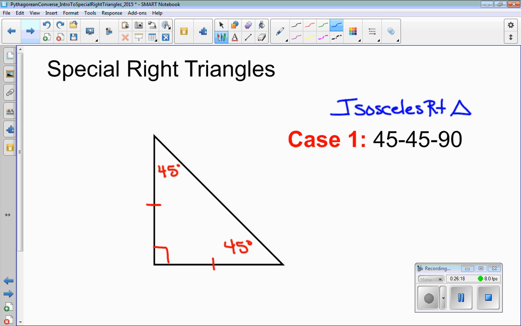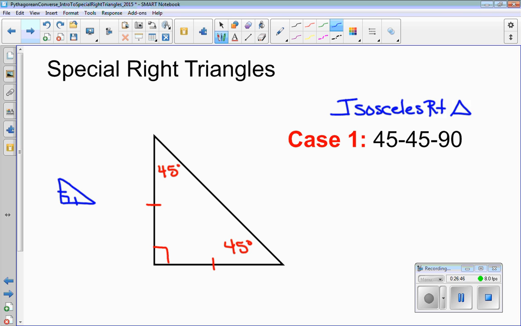Now, every single isosceles right triangle has the same ratio of the sides. We just finished similar triangles, and so every single 45, 45, 90 triangle out there in the world will have the same ratio of the sides. That makes sense. If I had a little 45, 45, 90 and a big one, wouldn't they be similar by angle, angle?